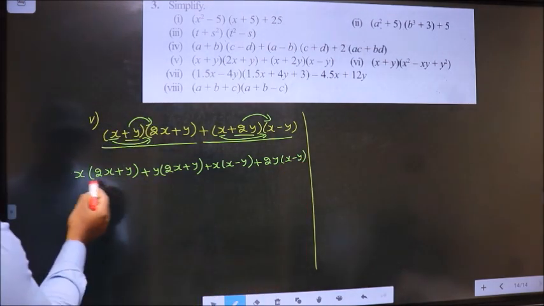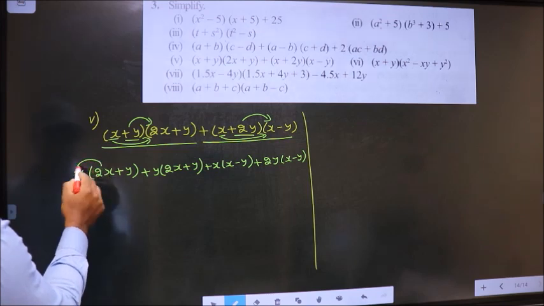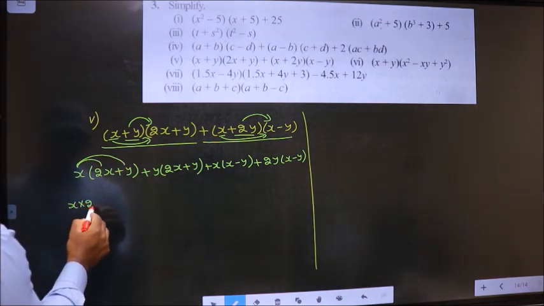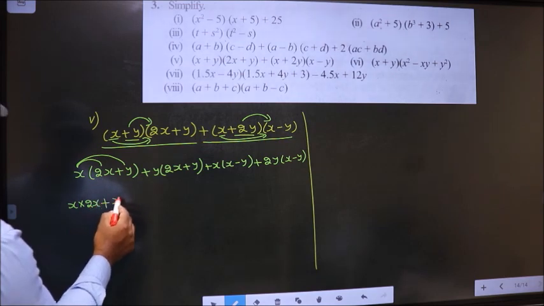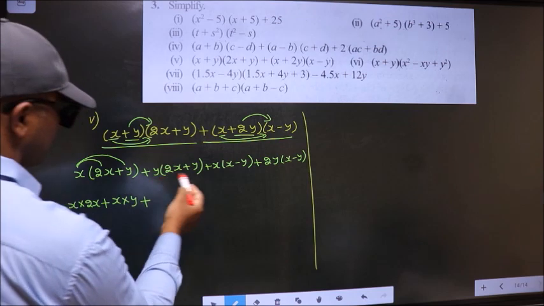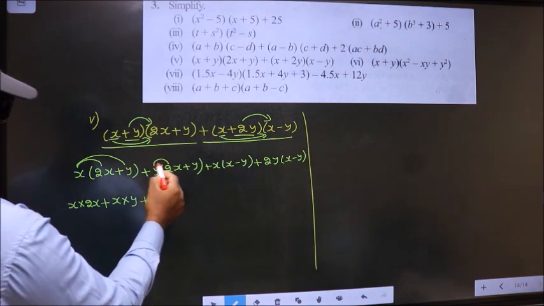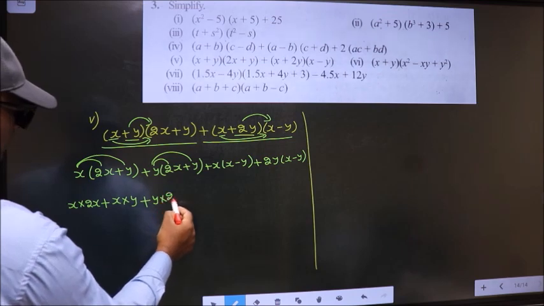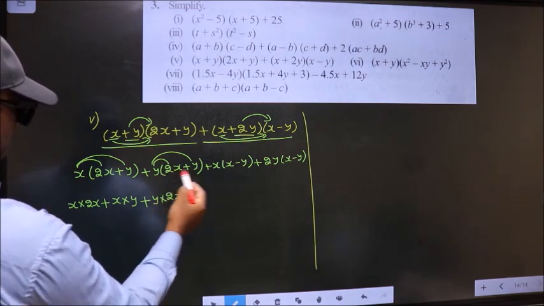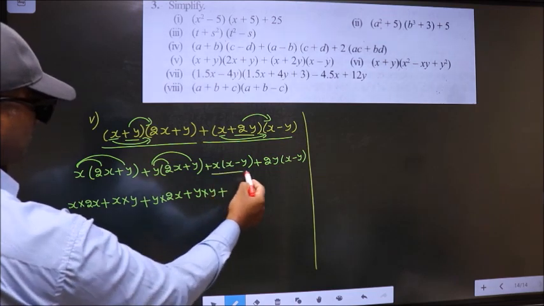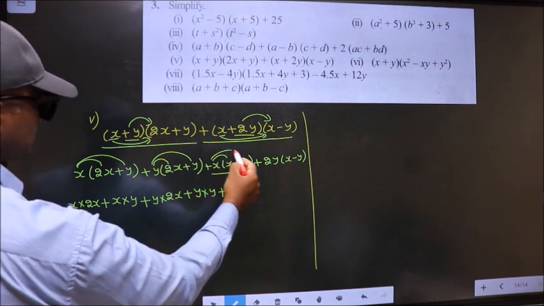Now here you open up the brackets in this way. You get x into 2x plus x into y plus, now here we open up the brackets in this way. We get y into 2x plus y into y plus, now here open up the brackets.